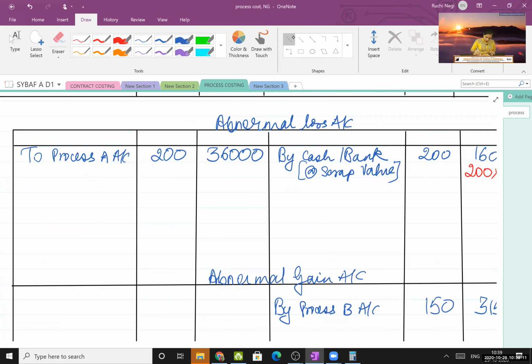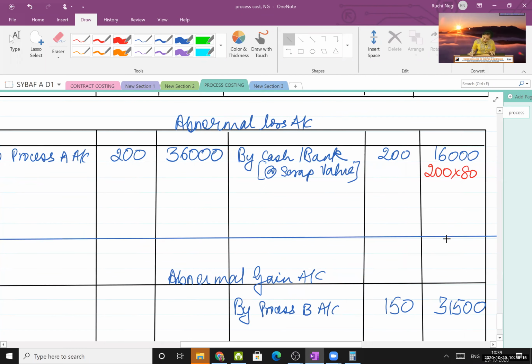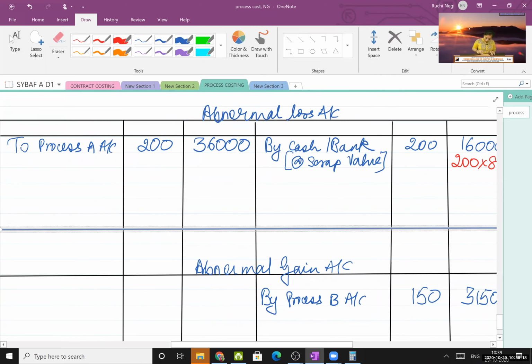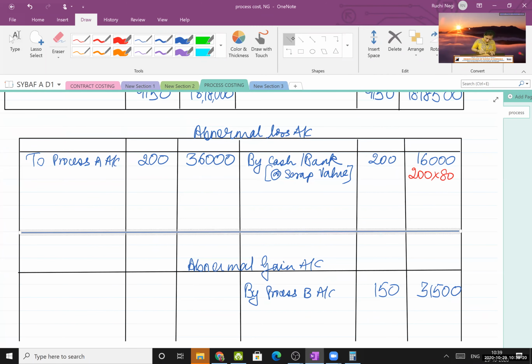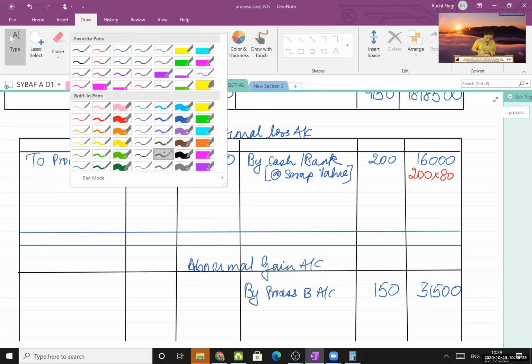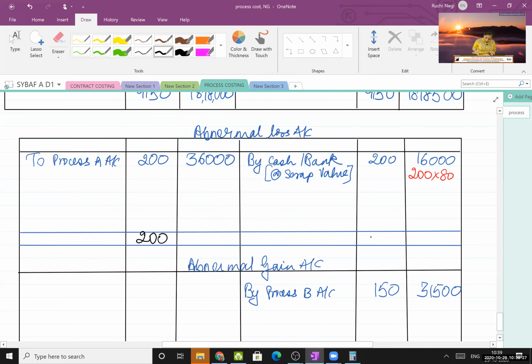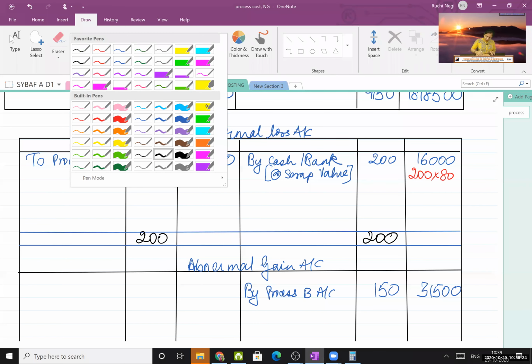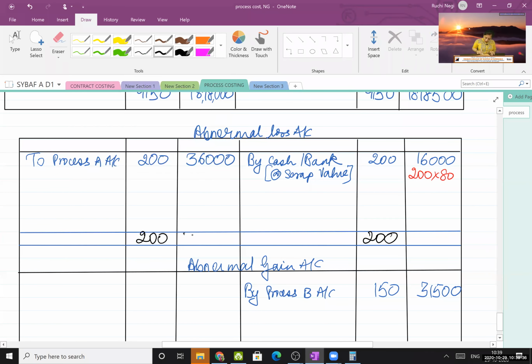Right? Then close this ledger. Close the ledger. The quantity column will tally, but the amount column obviously will not tally. So मुझे 36,000 का नुकसान होने वाला था, उसके सामने मुझे 16,000 मिल भी गया by selling this scrap.